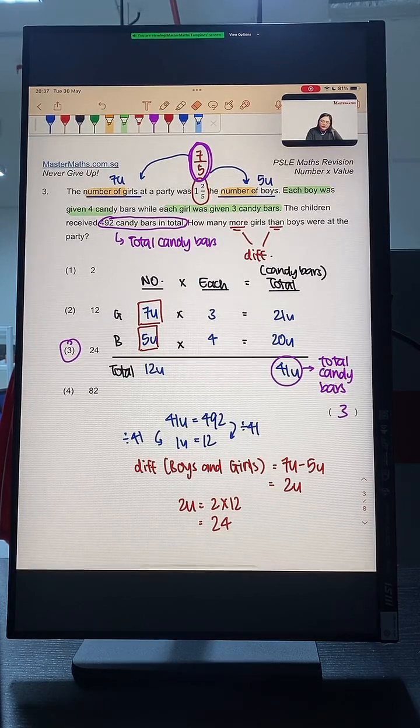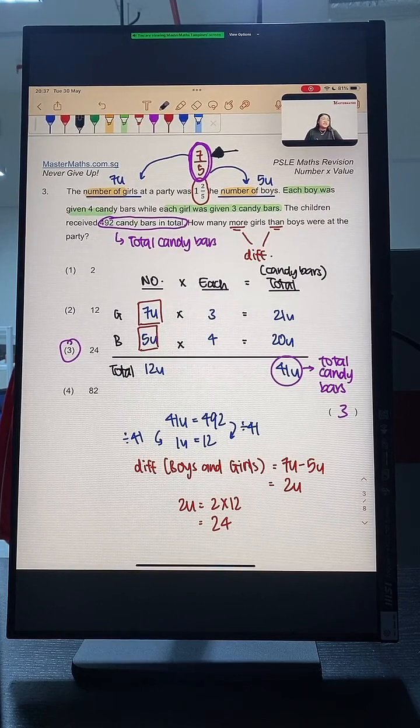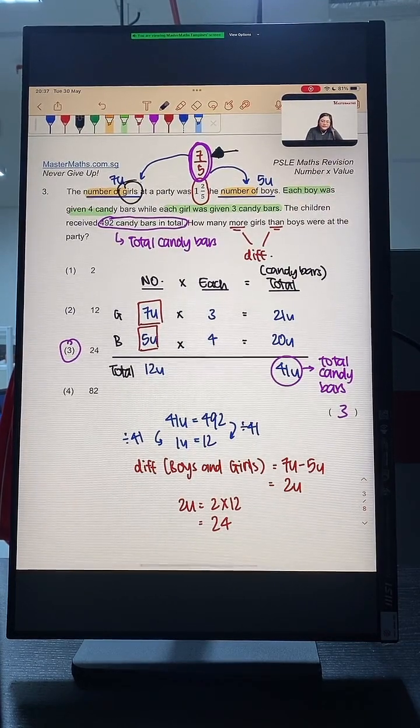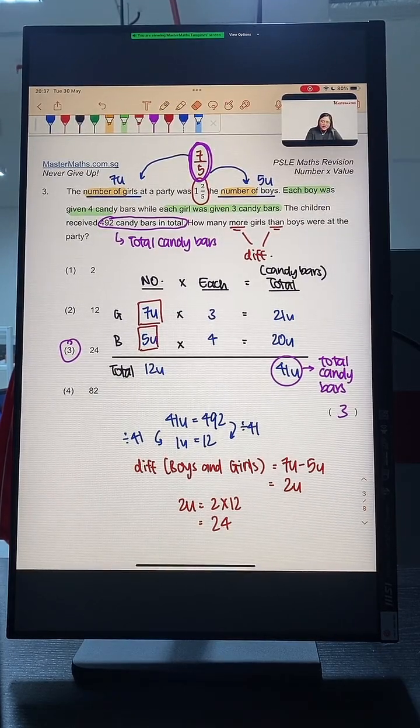So I'm going to change to an improper fraction. With an improper fraction, all I have to do is assign first come first serve. The girls come first, they will get the top number, 7 units. The boys came after, so they will get the 5 units in the denominator. So I write in the table 7 units and 5 units respectively.